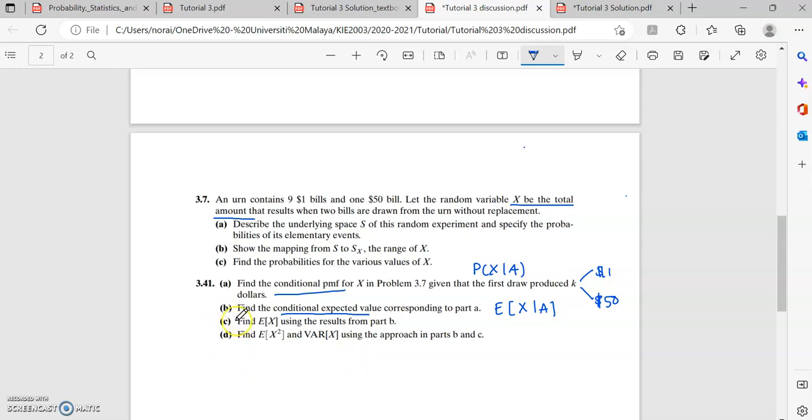Then look at C, which means you need to find E of X using the conditional expected values you obtained from B. So how do we use conditional expected values to find the expected value of just X?